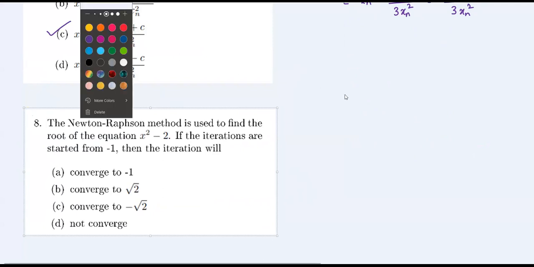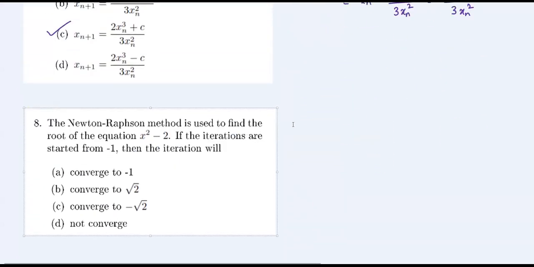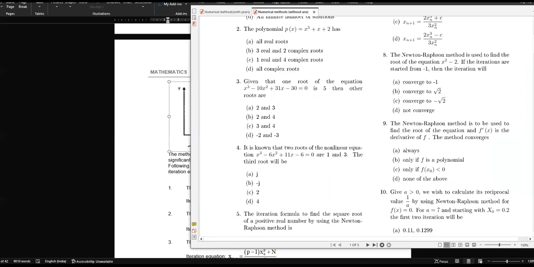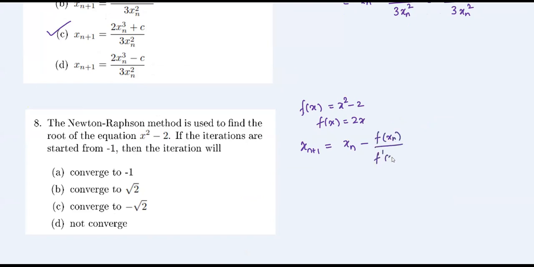Now we have already done this for the square root. So f of x is x squared minus 2, f dash x is 2x. We get x(n+1) is xn minus f of xn by f dash xn.